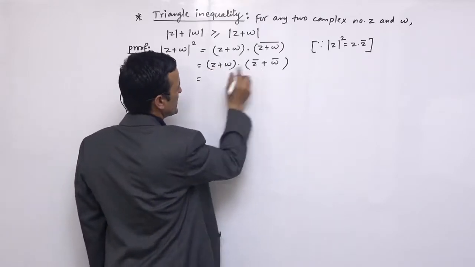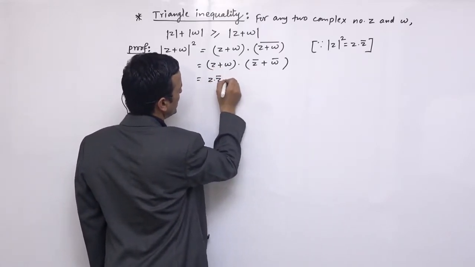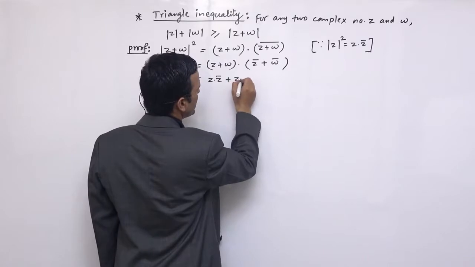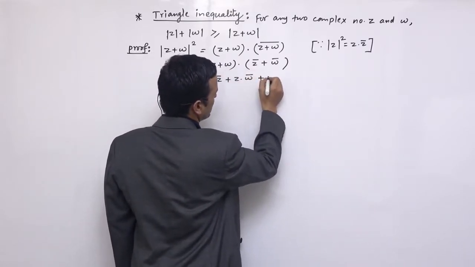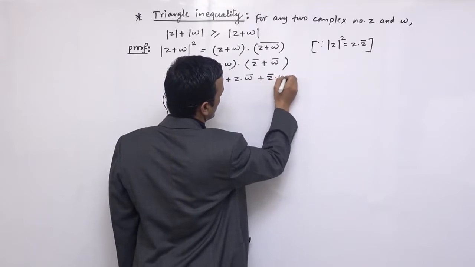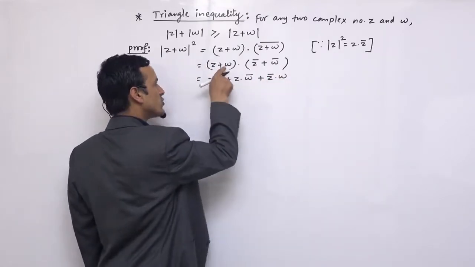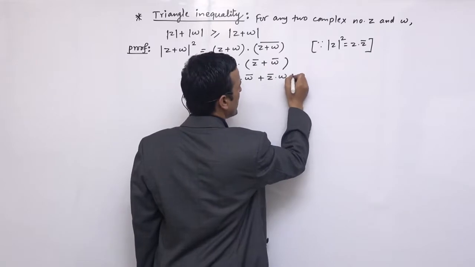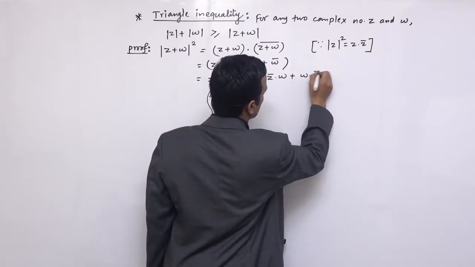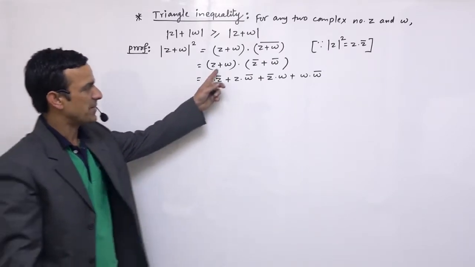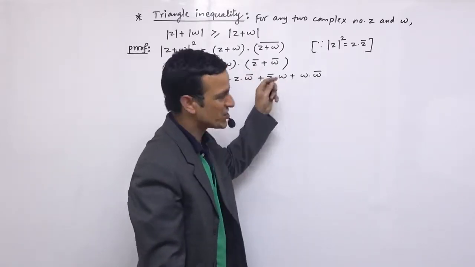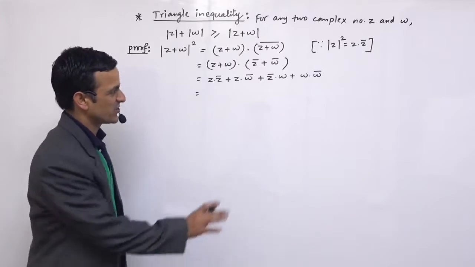Now z into z bar means this one, z into w bar means this one, plus w into z bar or z bar into w, same thing, z bar into w, w into w bar means w into w bar. So this is the expression after multiplying this and this. यो multiply गर्दा यस्तो आउँछ.